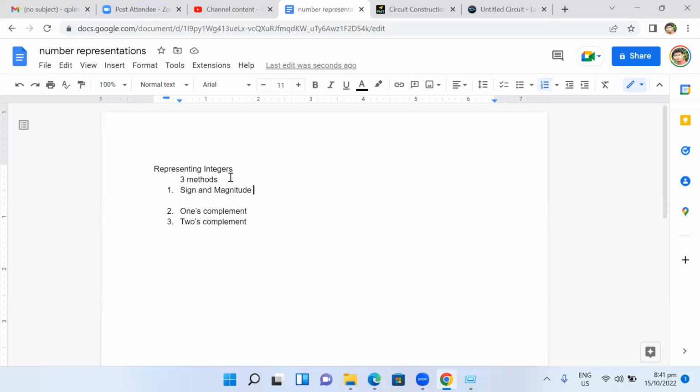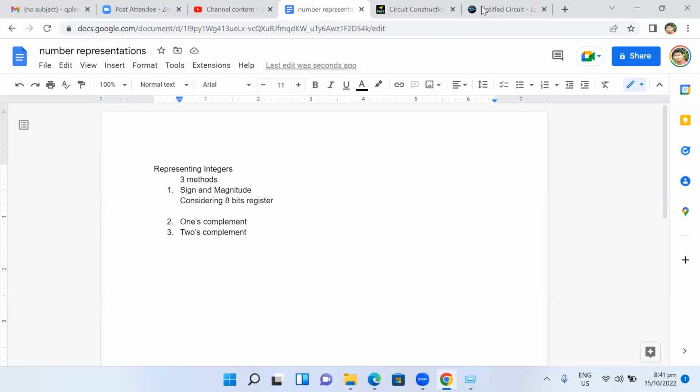Here, let's consider 3 methods. Let's consider we have 8-bit register. Considering 8 bits register means the number of bits we have to consider as 8. But normally in the actual environment, we have more bits than this. So we have 16-bit registers, 32-bit registers, 64-bit registers.